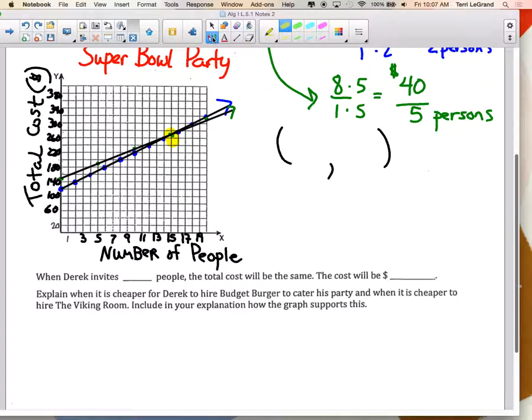What did you get, Devin? 15 and 270. Devin got 15 and 270. Anybody else get that? Is that a hand up, Andrew? Or you're not sure yet? Devin, so far you stand alone. 15 and 250.